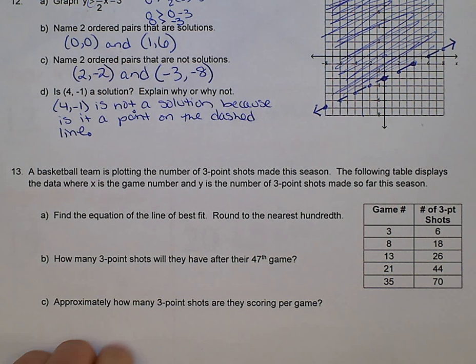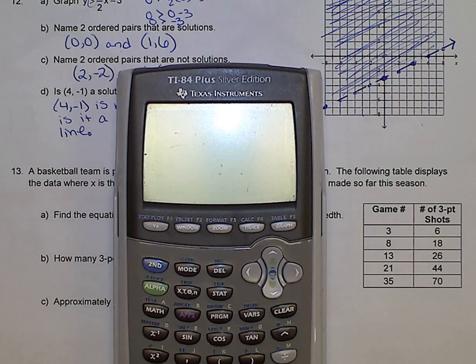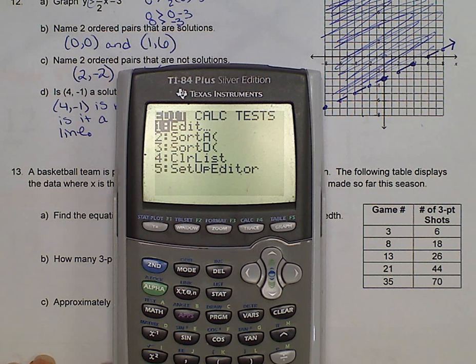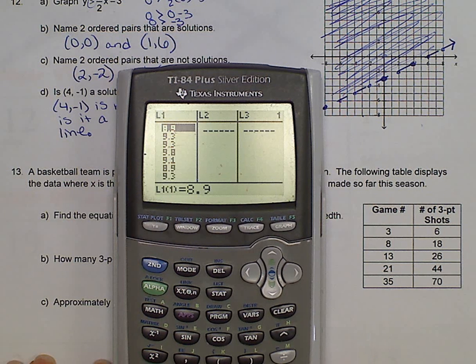So again, in our calculators, we can calculate the line of best fit. In the calculator, we can go into Stat and Edit. And in here, we're going to enter in our X list into list 1. I'm going to highlight my list name, hit clear, then enter. So I'm going to enter in 3, 8, 13, 21, and 35.